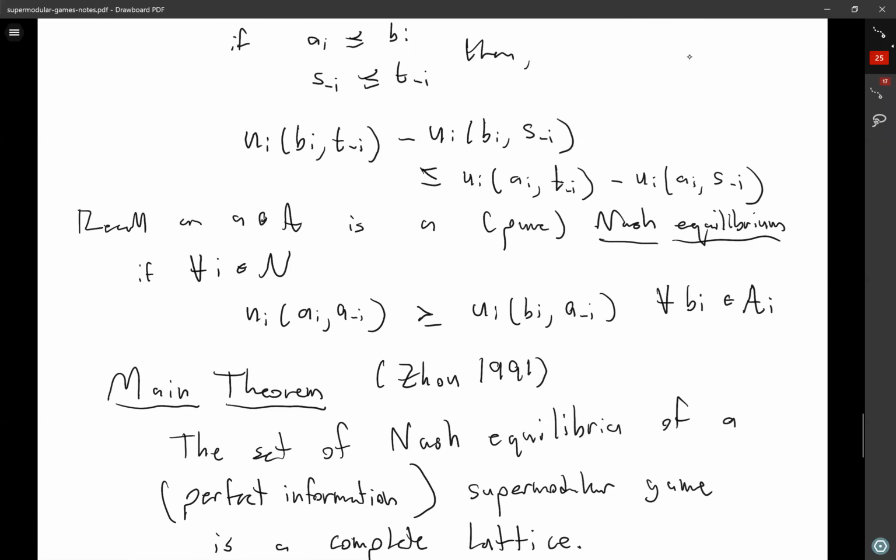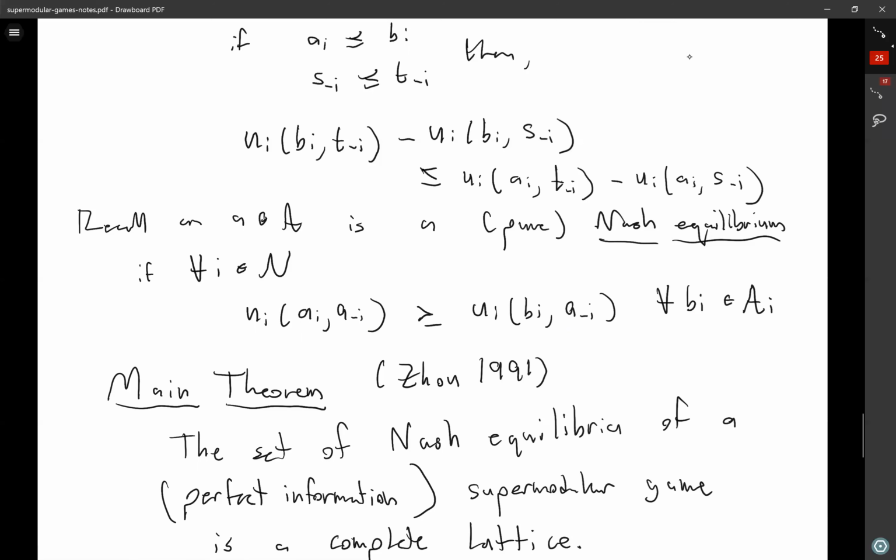So we're going to say something like that for supermodular games. And just as a recap, I want to remind everyone that a Nash equilibrium is a particular strategy A such that for all B_i, which are alternate strategies that I could have, we have greater utility when we fix the strategies of everyone else besides me.